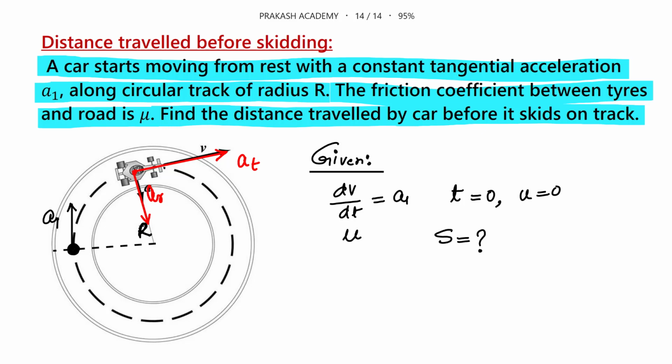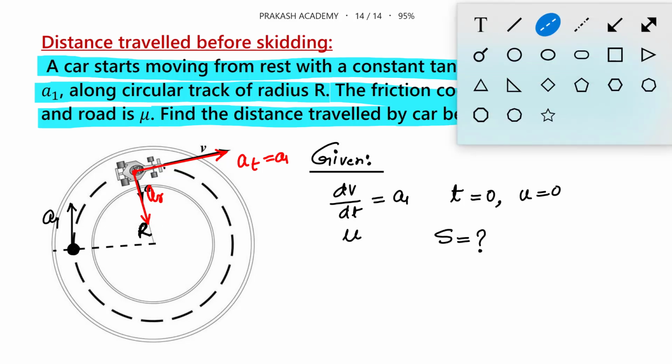Now you see this is different. Initially in uniform circular motion, most of the time there is no tangential acceleration, that is at equals 0. But in this case at has a value, and this value is a1. So what will be the resultant acceleration?